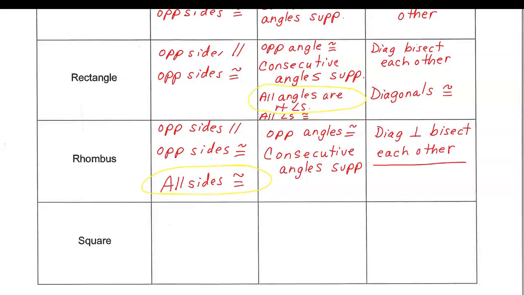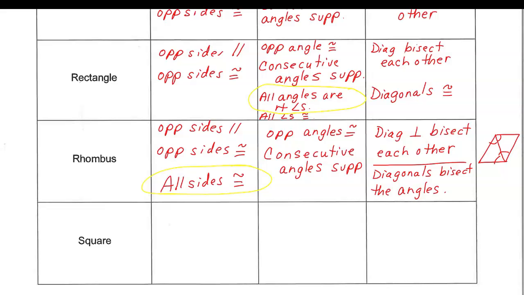Another feature is that the diagonals bisect the angles to which they are drawn. Let's get a picture of that. Here's a rhombus. Here's a diagonal. It is bisecting this angle here, and it's bisecting this angle here. So the diagonals bisect the angles to which they are drawn.